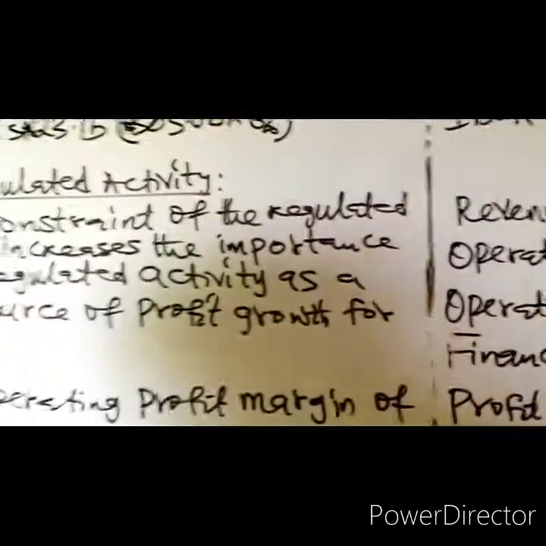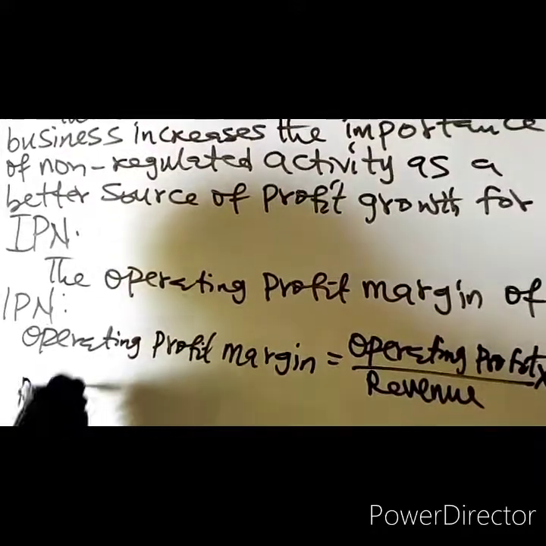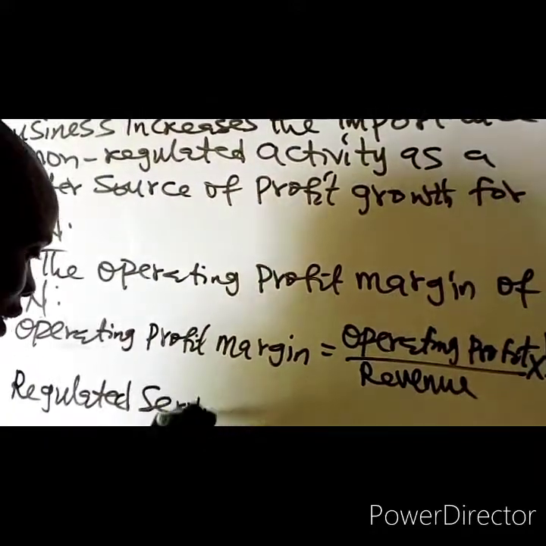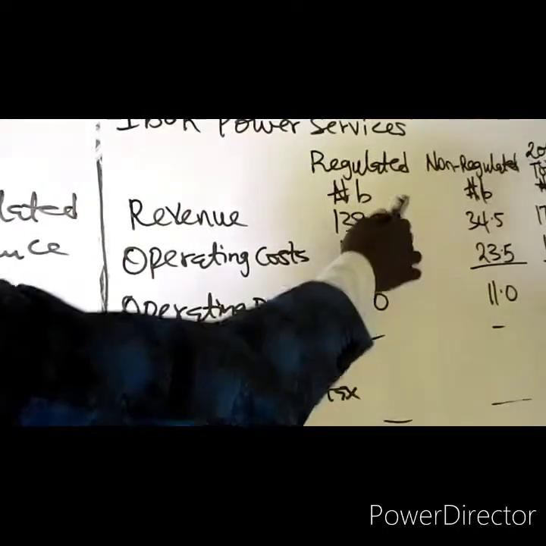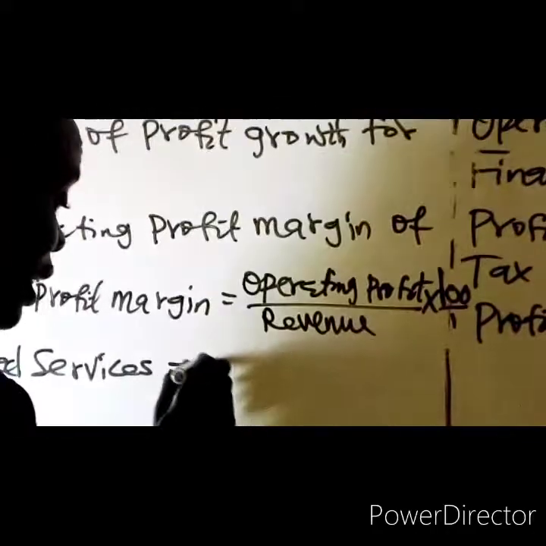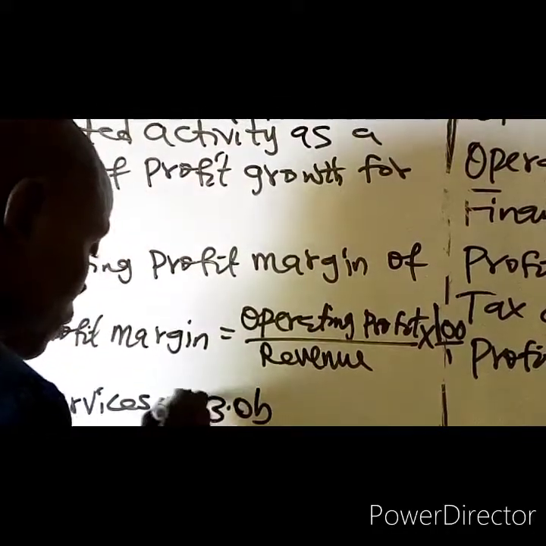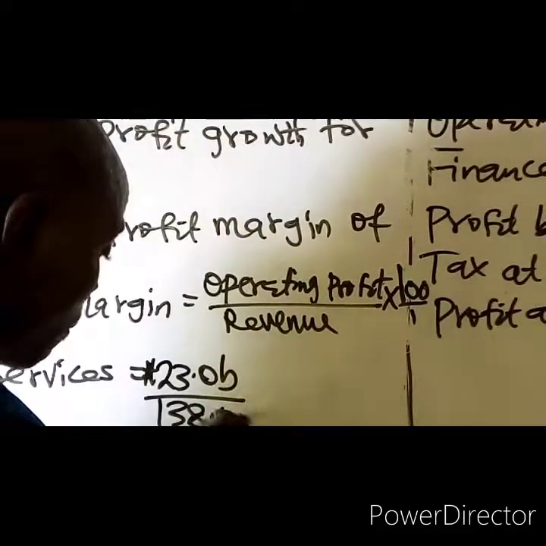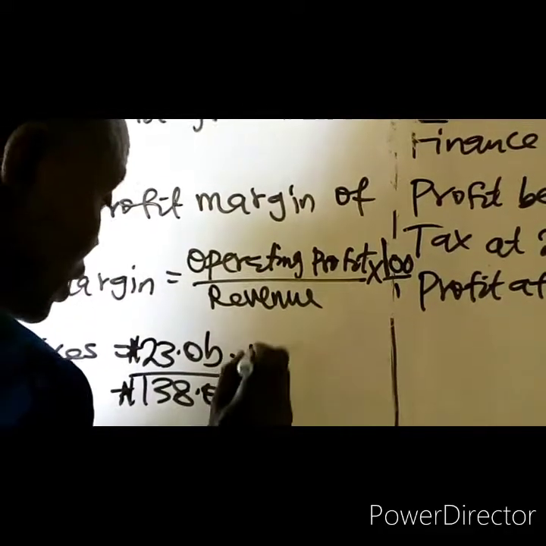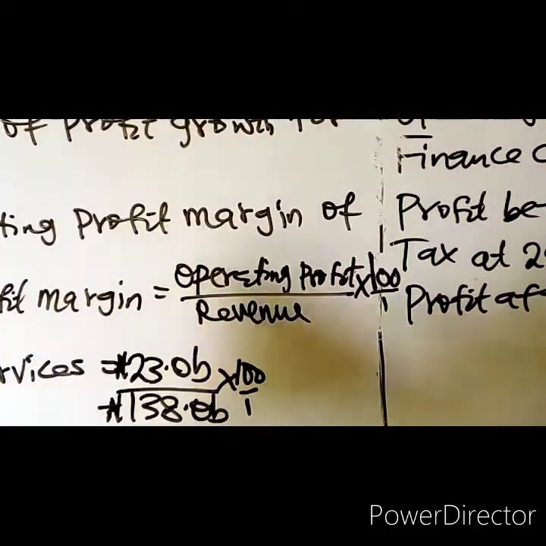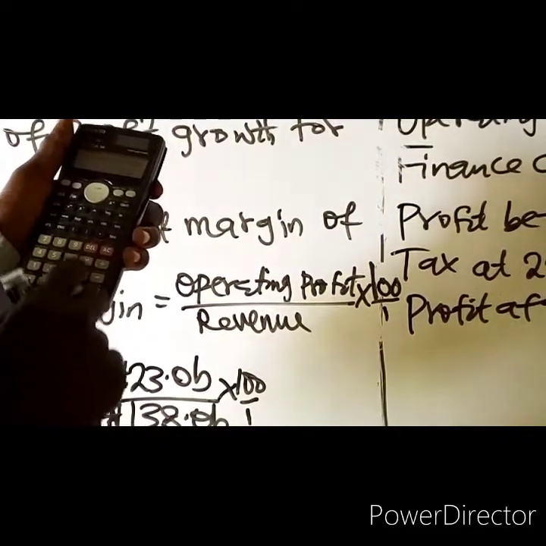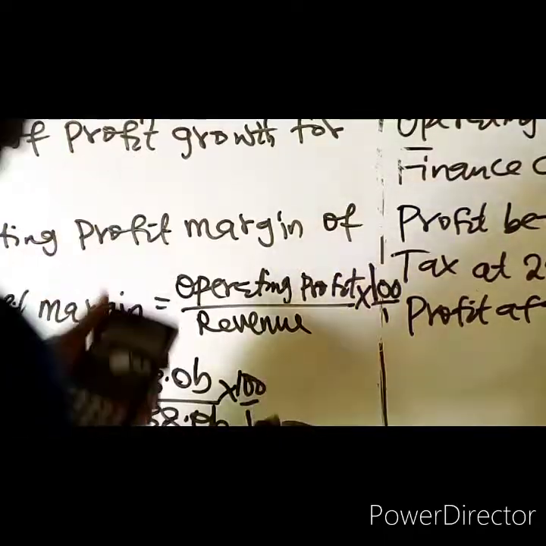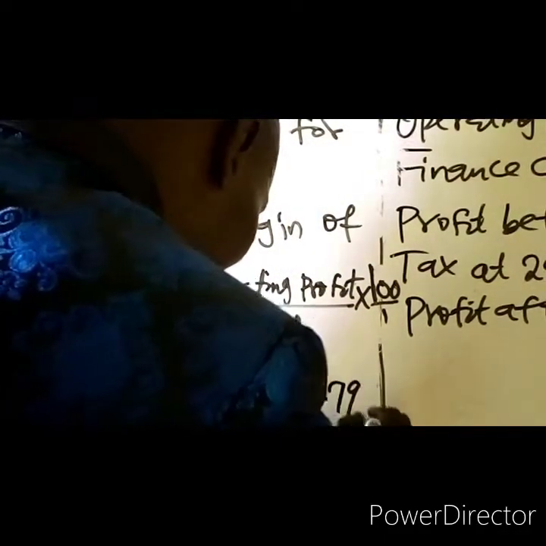So now, regulated services. Operating profit from regulated service is 23.0 billion and revenue is 138.0 billion. So 23.0 over 138.0 times 100 gives us 16.7%.